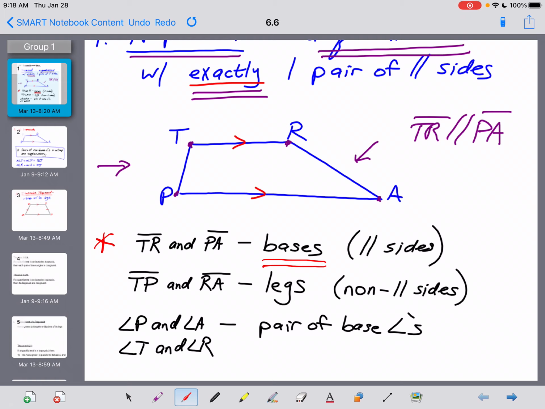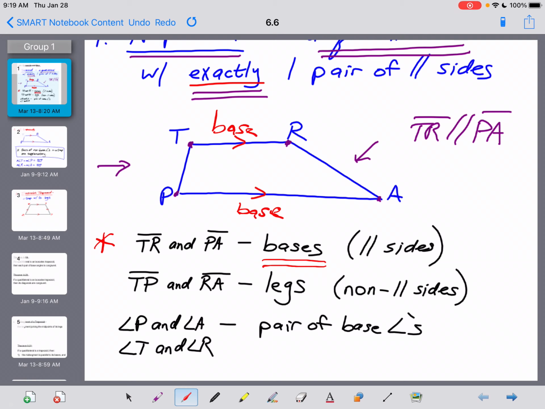When we start talking about area and volume, some people are going to have a really hard time because they hear the word base and they think of basement or the base of a statue or the base of a building. They think that a base has to be on the bottom. Now, the way I've drawn this trapezoid, PA is one of the bases and it is on the bottom. All right, but of course you have to realize then that according to the definition we just wrote down, you also have another base up here on the top.